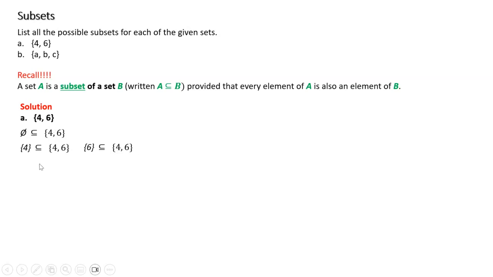Now we take them two at a time, because every set is a subset of itself. So how many do we have? 1, 2, 3, 4. Here it says to list them, but in some of the homework it will ask how many. If it says how many, you don't have to list them. All you have to do is give the amount, which will be 4.